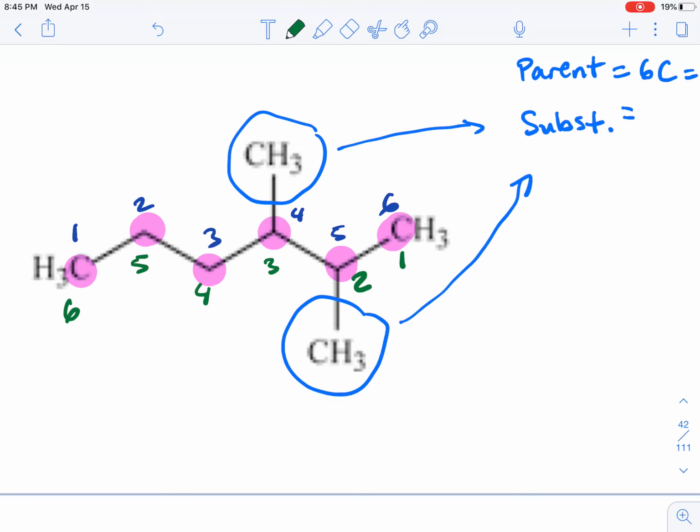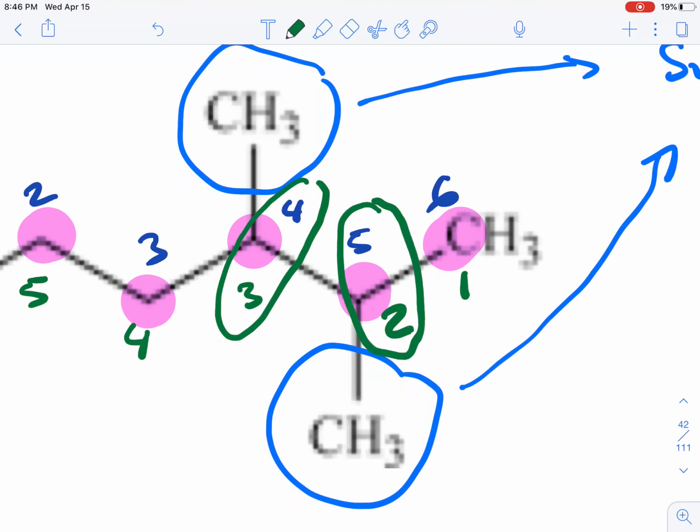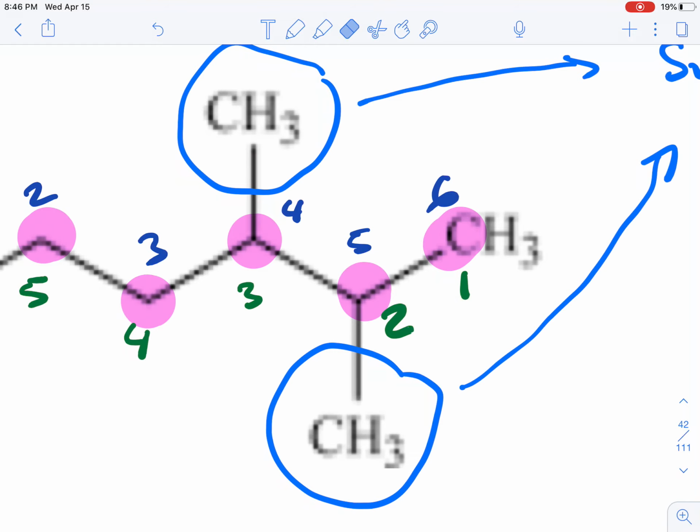Since we have 2 substituents, I need to compare the values for them. So notice that here I have 3 and 4, and here I have 5 and 2. So which of these 2 sets of numbers is the lowest? If you said 2 and 3, that is correct. So 2 and 3 is less than 4 and 5.